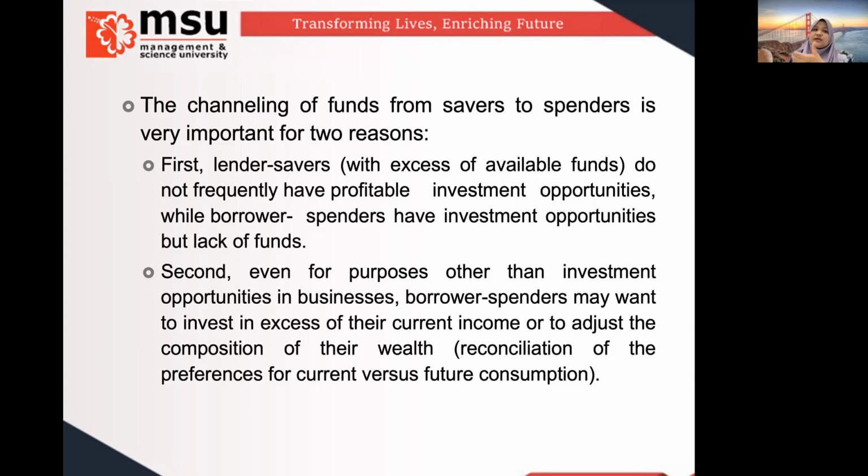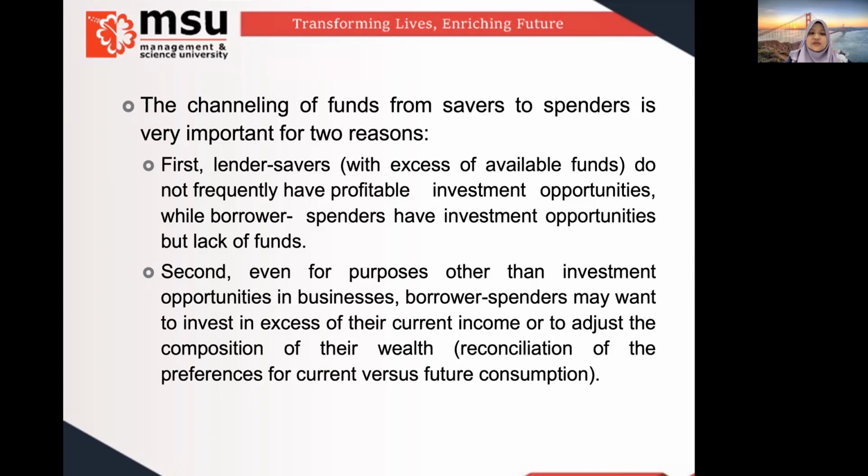So in return, the spender, the borrower, will pay back the borrowed amount together with profit rates, and it is given to the lenders, because this fund belongs to them. So that is the first reason.